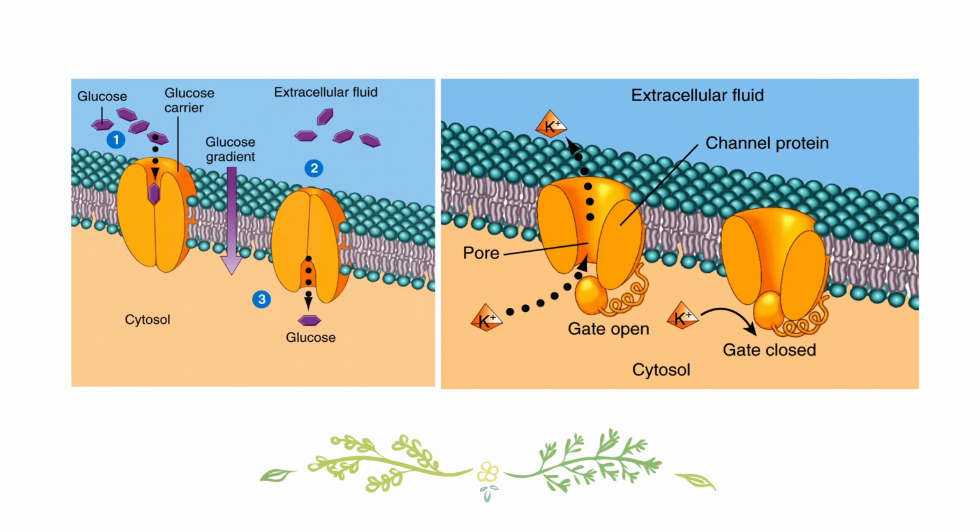Once glucose comes, the channel protein opens and closes until such time that the glucose enters into your cell. Insulin increases the number of these channel proteins so that the entry of glucose is facilitated faster, in order to decrease glucose outside our body.